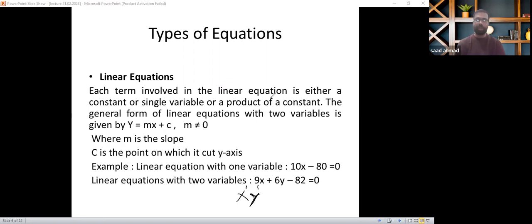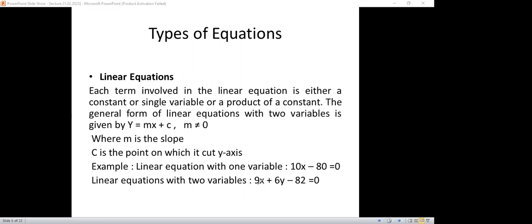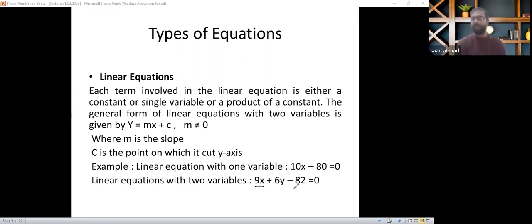So all the terms are first degree terms. In this case, 9x plus 6y, it's the equation of a line.